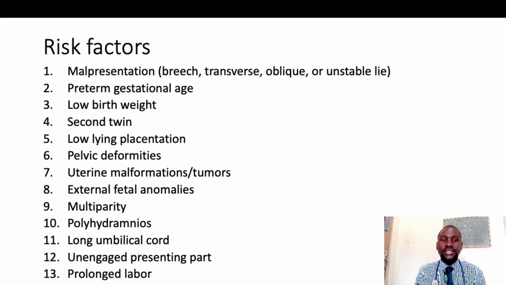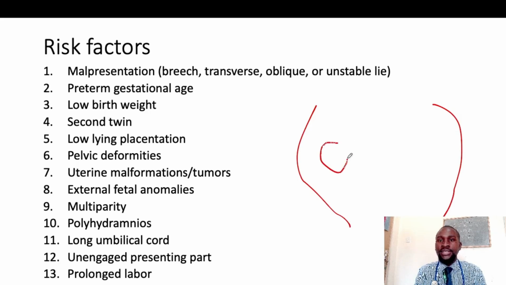It's the same thing that's happening when you have an oblique lie or unstable lie. Let's take for instance a transverse lie. The fetus is lying transversely like that, which means that there's a lot of space here.